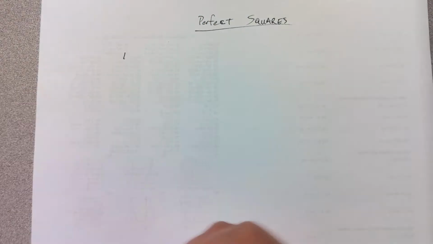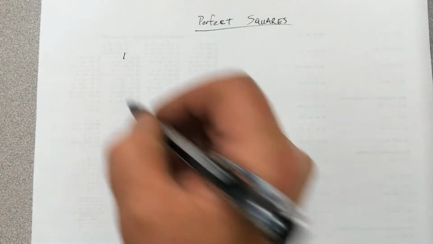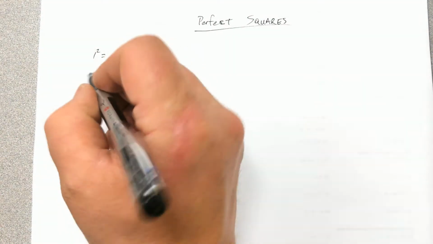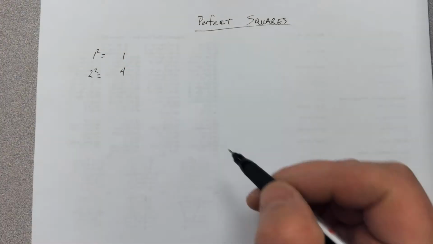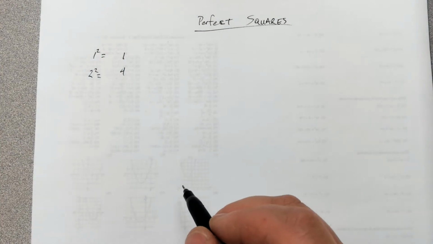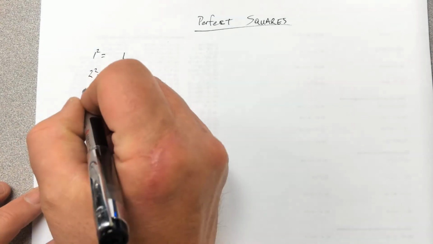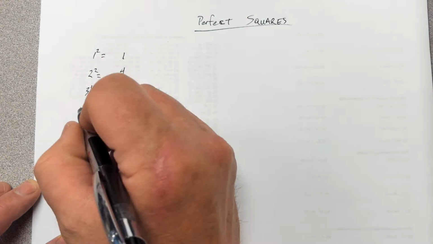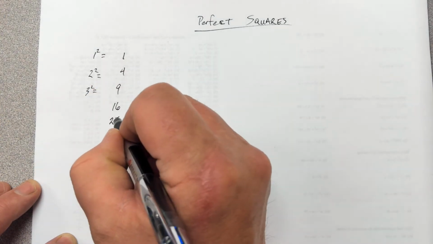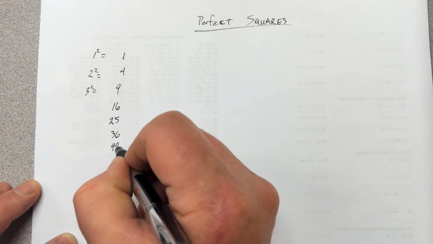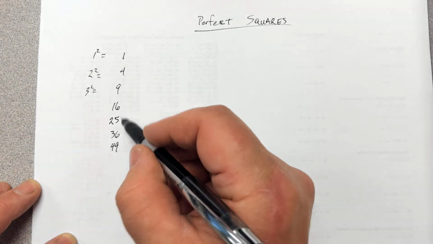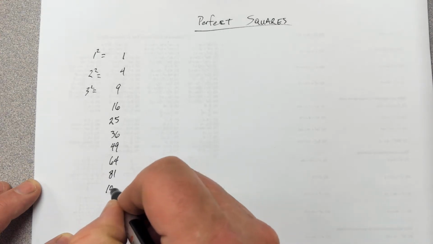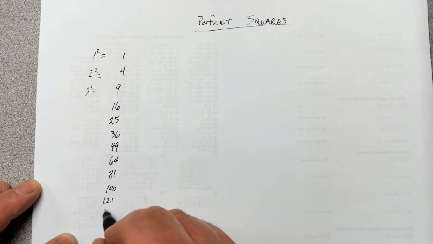Okay, here they are. 1 is 1 squared, right? What comes after 1? 2. 2 squared is 4. 3 squared is 9. Then 16, 25, 36, 49, because that would be 4, 5, 6, 7 squared, and then 64, 81, 121 and 144.